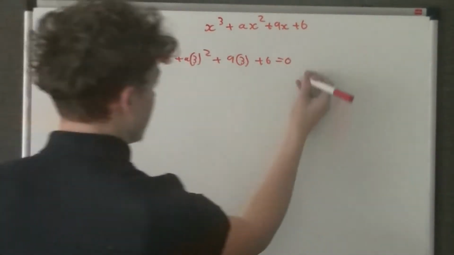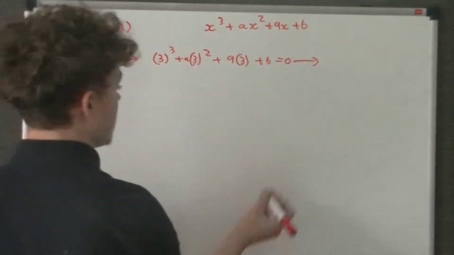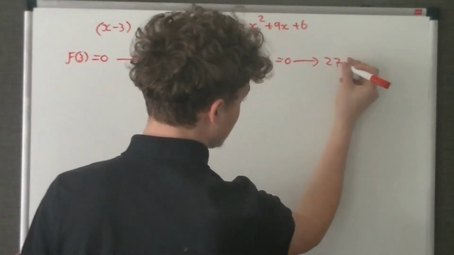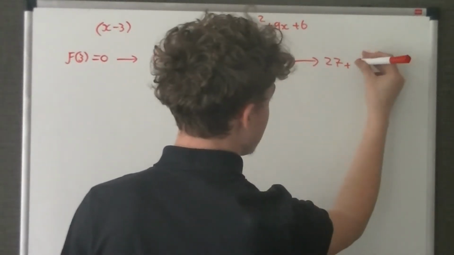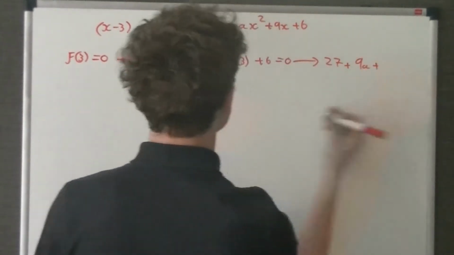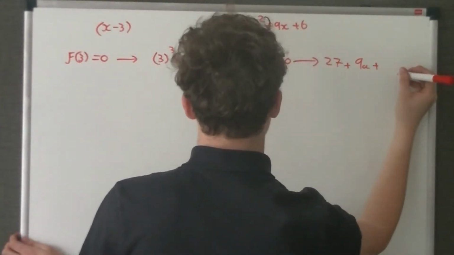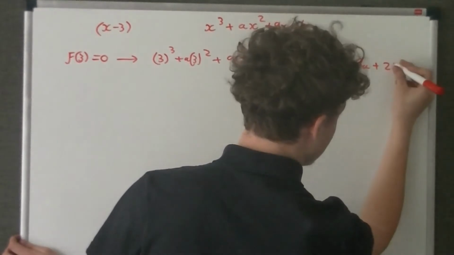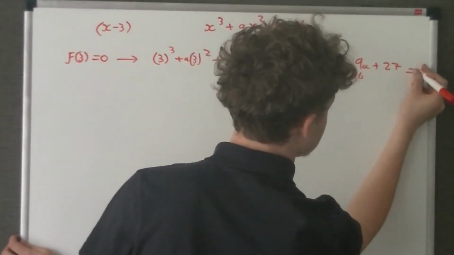Expanding this, 3 cubed is 27, 3 squared is 9 and we times it by a, so we get 9a, plus 9 times 3 is 27 again, plus b, and that gives us 0.